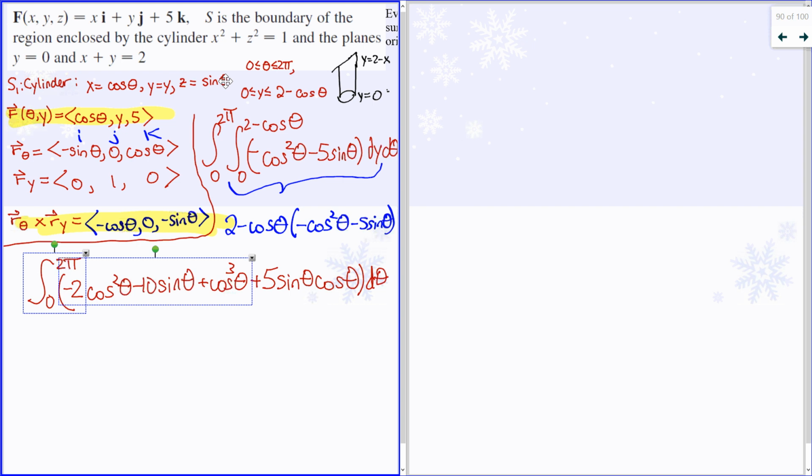This is where it really benefits you to know multiples of pi, because then you put it in your calculator, because there's no way at this point I was going to do this by hand, and I got negative 2 pi. Then I knew we were looking for positive orientation, because the direction said positive orientation, so I just made it positive.